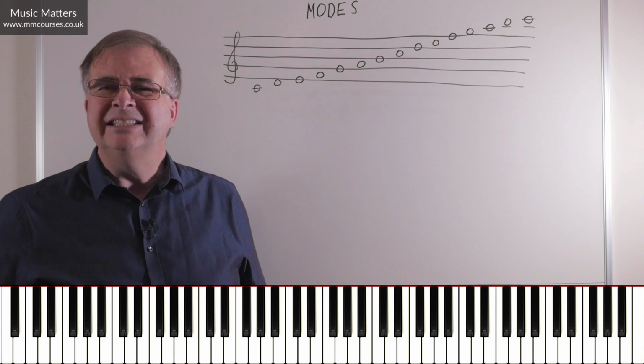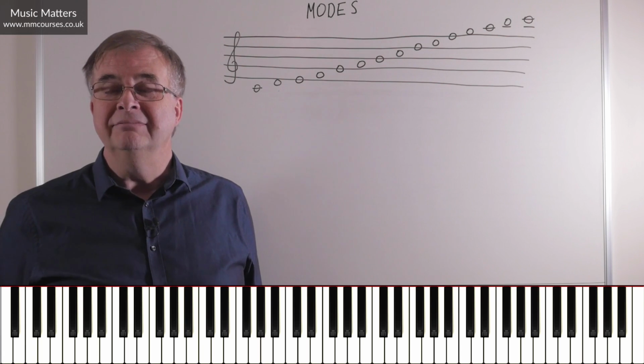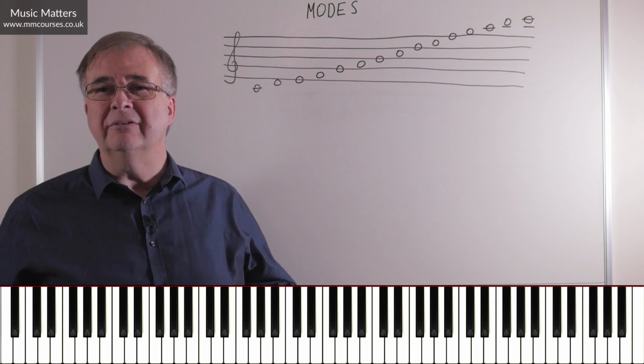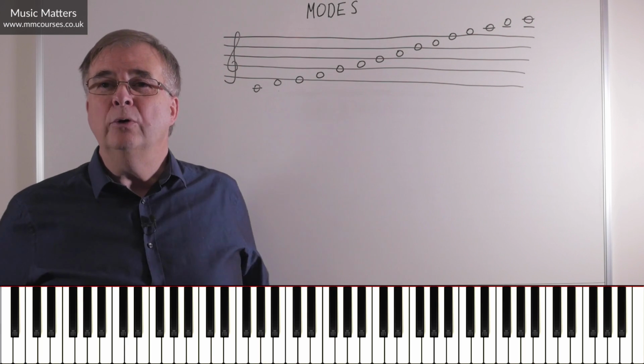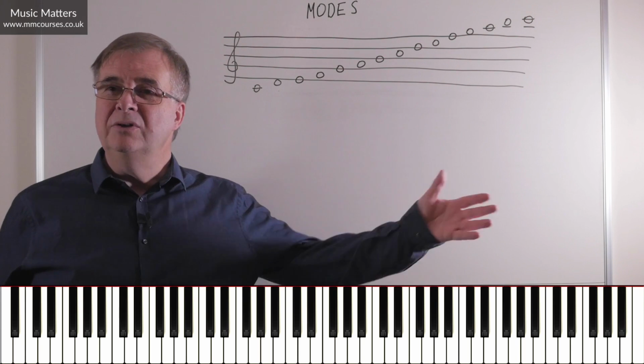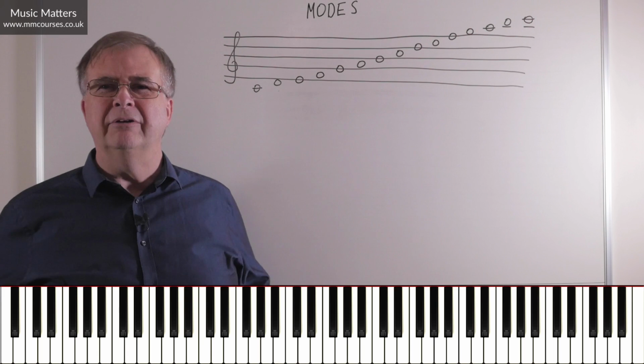So they started adding in sharps and flats, what they called musica ficta. And by the time we get to 1600, the modes have got so kind of corrupted that really the whole system of major and minor keys evolve.